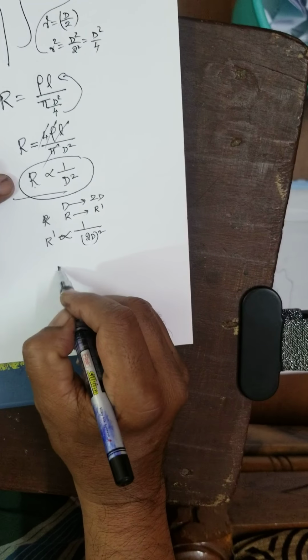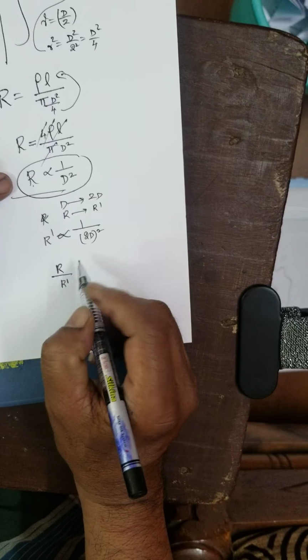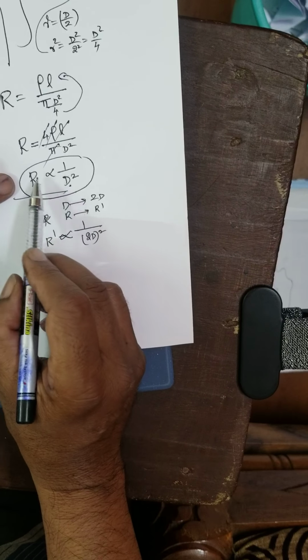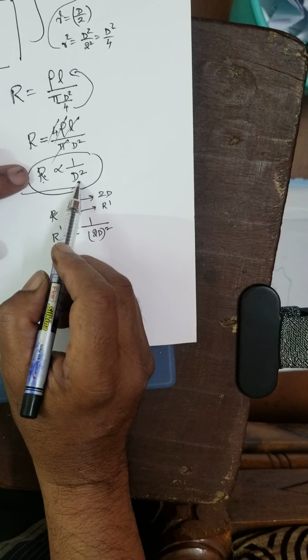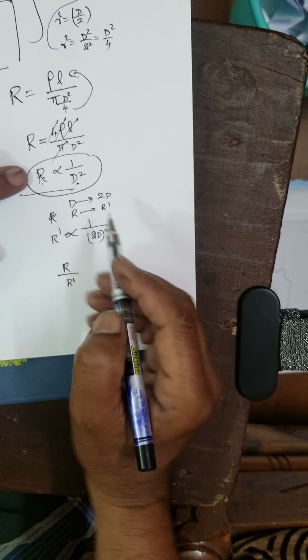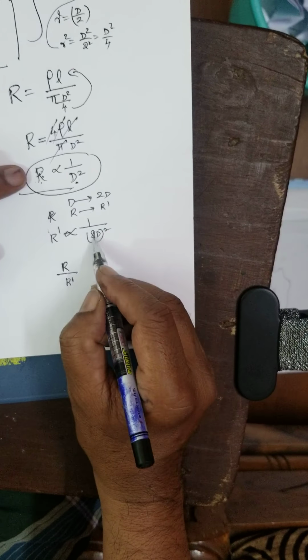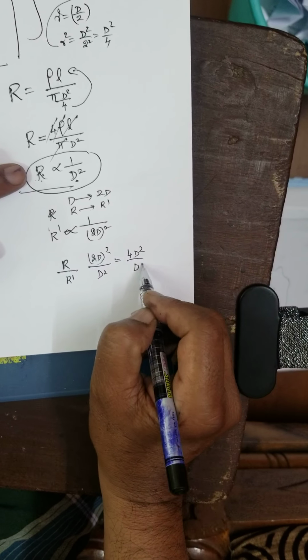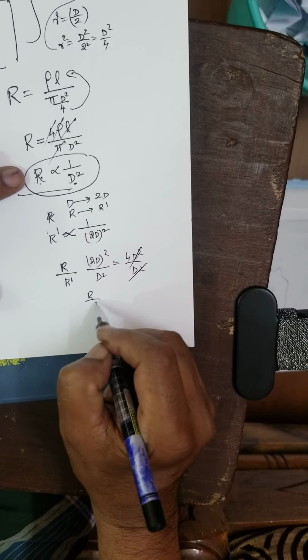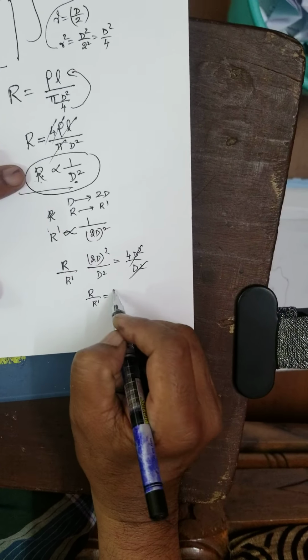R by R dash: if R is on top, D is the denominator. If I divide one by the other, 2D whole square by D square, or 4D square by D square gets cancelled. R by R dash is equal to 4. Therefore, cross multiply, R dash is equal to R by 4.